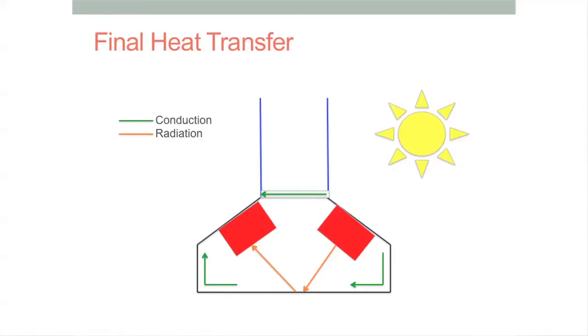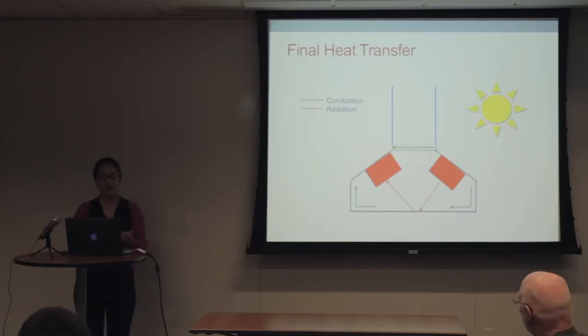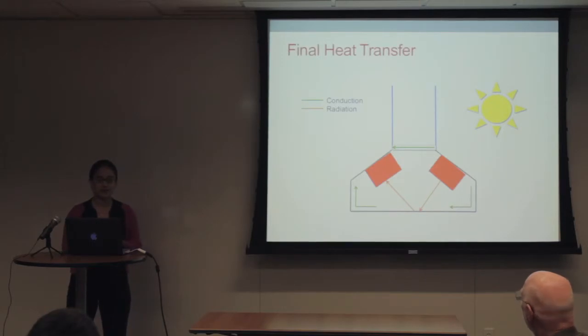So here's another cartoon of the changes that I made. So I added a thermal bridge, which is what you can see right here. And that helps conduct the heat from the radiator on the hot side to the cold side. I also connected all of the radiators to the chassis better than they were originally connected.